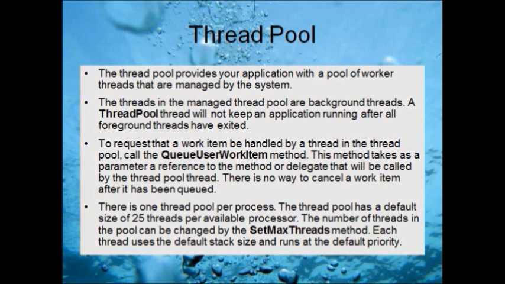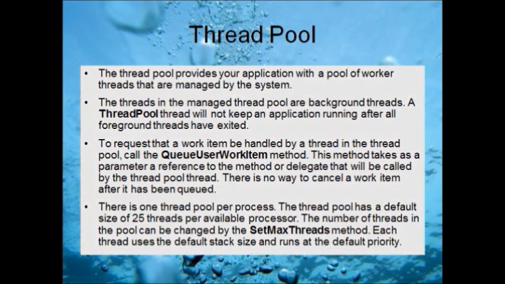The request that a work item be handled by a thread in the thread pool is made by calling the QueueUserWorkItem method. This method takes as a parameter a reference to the method or delegate that will be called by the thread pool thread. There is no way to cancel a work item after it has been queued.